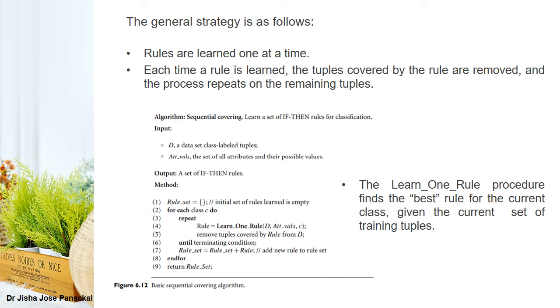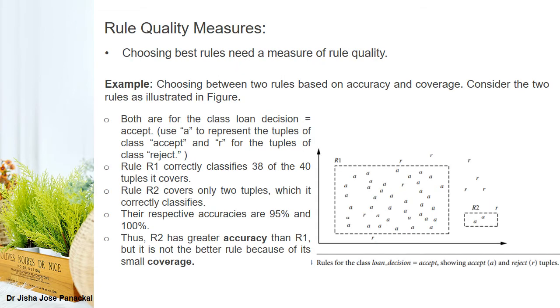So we generate a particular rule, and we remove tuples covered by this rule from D until a terminating condition. The rule set is incremented with this rule and we return the rule set. So this is the basic sequential covering algorithm.